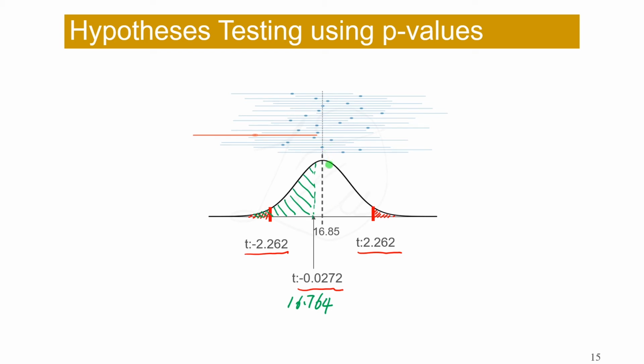So on the right, symmetrical to the t-value equal to 0, at t-value of positive 0.0272, we calculate this area as well. And we compare the total area of this green shaded area with the significance level, which is the probability represented by the red shaded area. So this is the two-sided hypothesis testing.